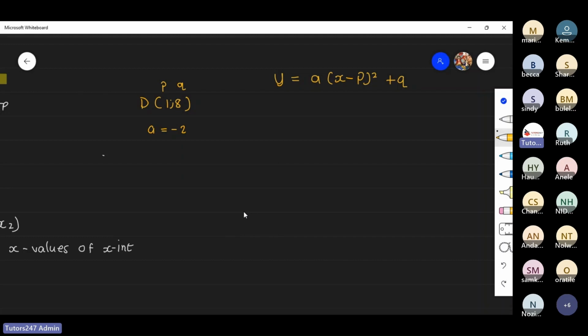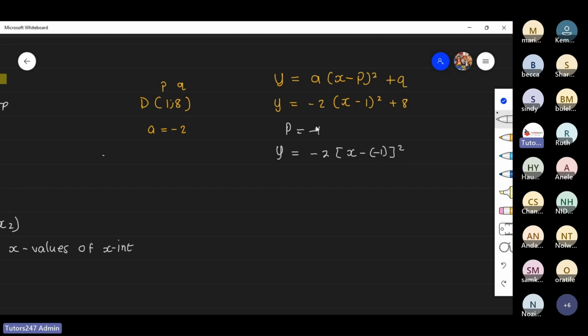So let us now substitute that into our form. A is -2, x minus 1 squared plus 8. Keep in mind, if our value of P was -1, this is what we would have done. So if P is equal to -1, we would have had y equals -2 into x minus -1 squared.